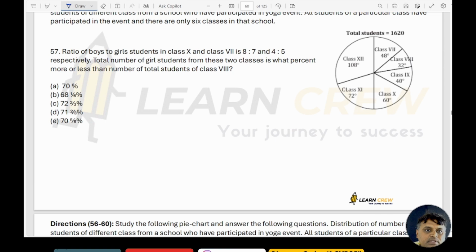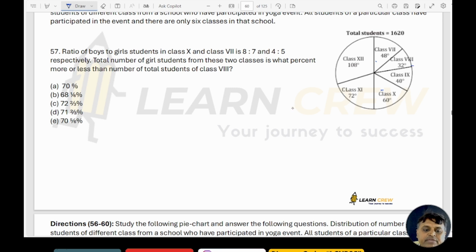Next question. The ratio of boys to girls in class 10 and class 7 is 8 is to 7 and 4 is to 5 respectively. The total number of girl students from these two classes is what percentage more or less than the total number of students in class 8?